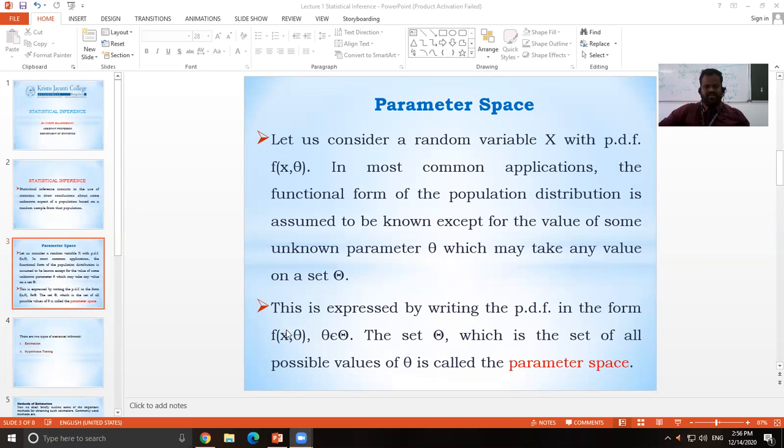Here x is considered a random variable, and theta is called the unknown parameter value. These unknown parameter values belong to the capital parameter theta, the set of theta. The set theta, which is the set of all possible values of the unknown parameter theta, is called the parameter space.